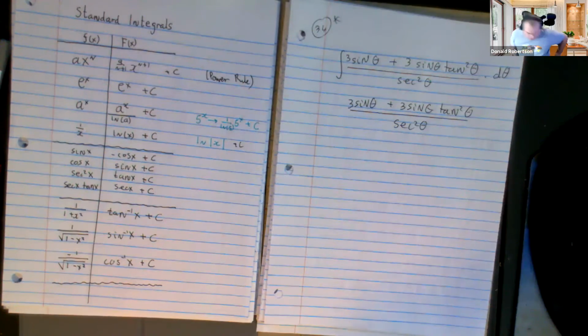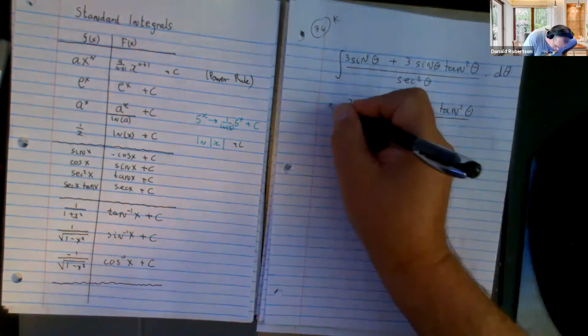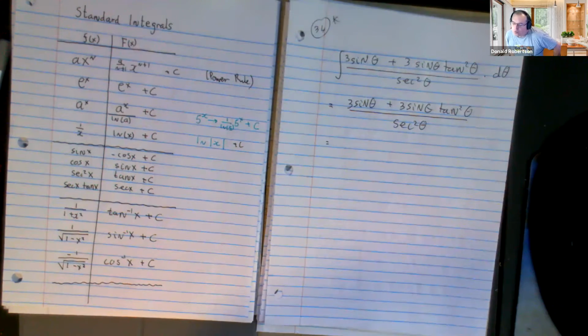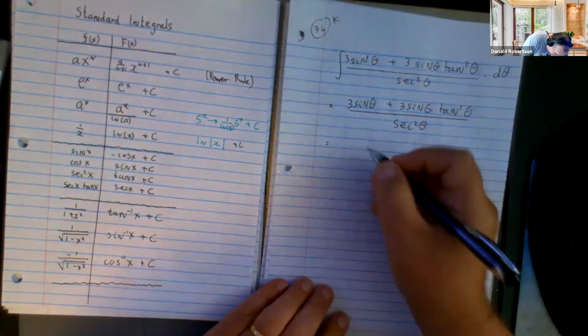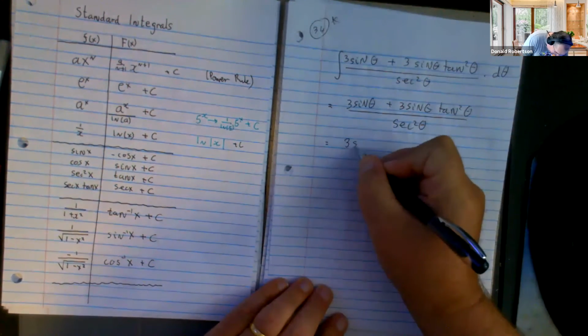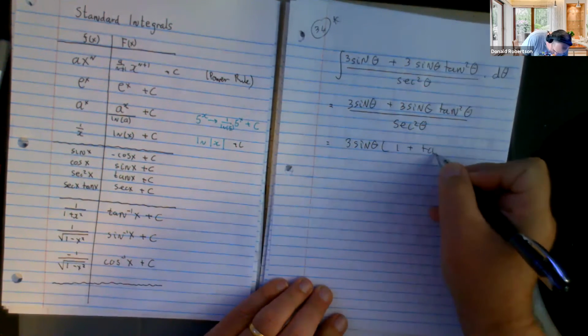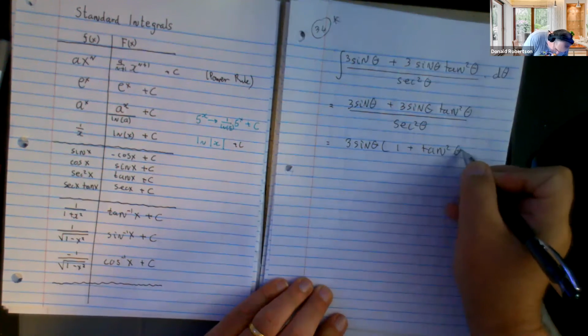Has anybody got any ideas about just the basic strategy of what you might do to make this a little bit easier to deal with? You could take the sine out of the 2 top terms. Okay. While I'm at it, I might as well take the 3 as well then, right? I think that's a trig identity.